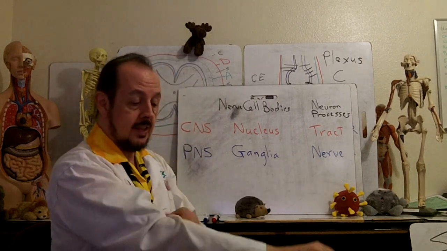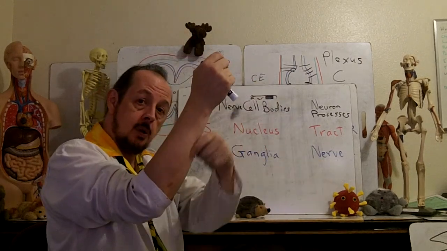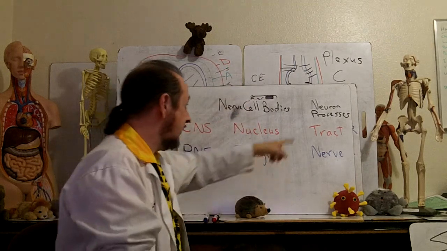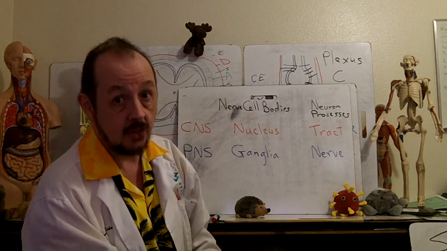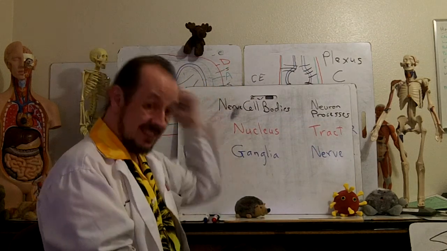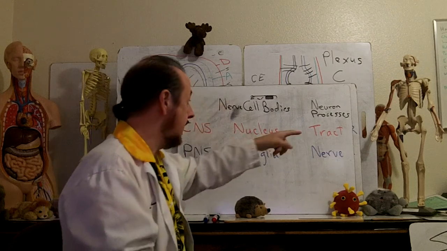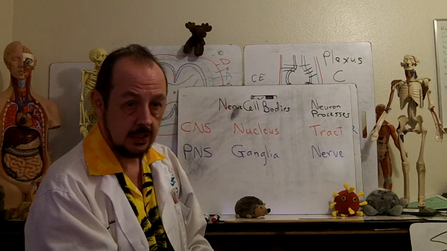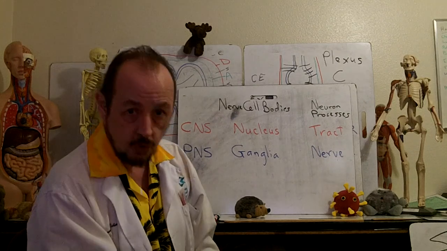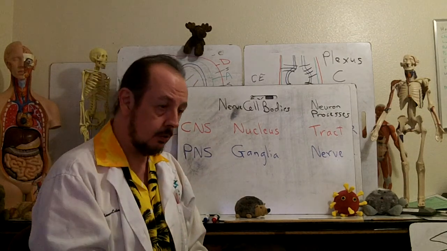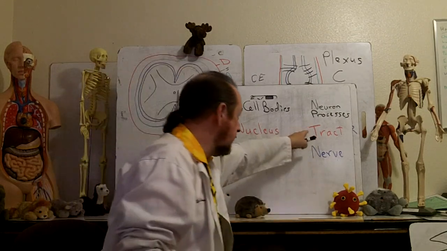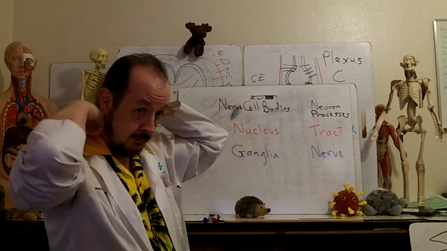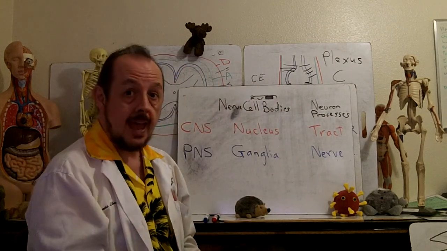So when we talk about the ulnar nerve traveling along the posterior surface of my forearm, that is a bundle of neuron processes, axons and dendrites. In the central nervous system, spinal cord and brain, that would be called a tract. So if you talk about the spinothalamic tract, which we'll describe later this semester, that's a group of neuron processes running between the spine and the thalamus up in the brain.